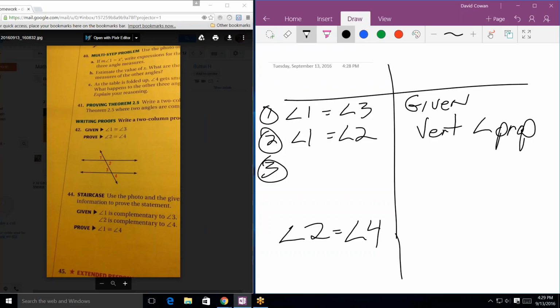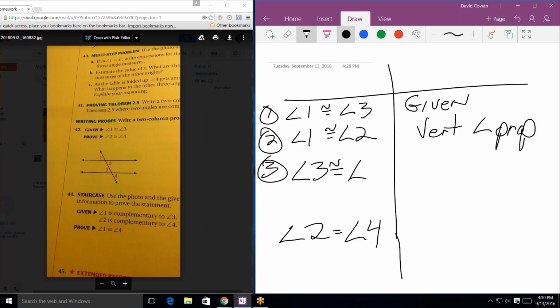Give me a minute. The third statement is that angle 3 is congruent to angle 4. Good. We'll go ahead and use the congruent sign there.